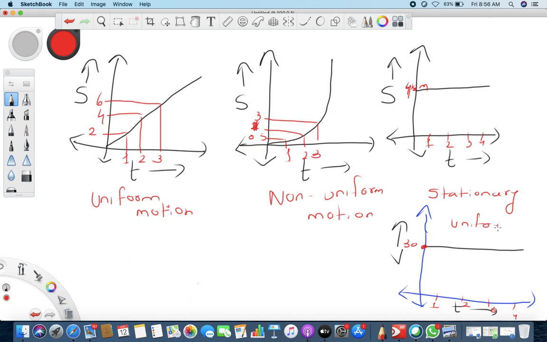Understand the difference between these two. When the graph in distance versus time is parallel to the x-axis, this is stationary, but when you see the same graph in a velocity versus time graph, it is uniform motion. Now let me show you another one. What does this mean here?